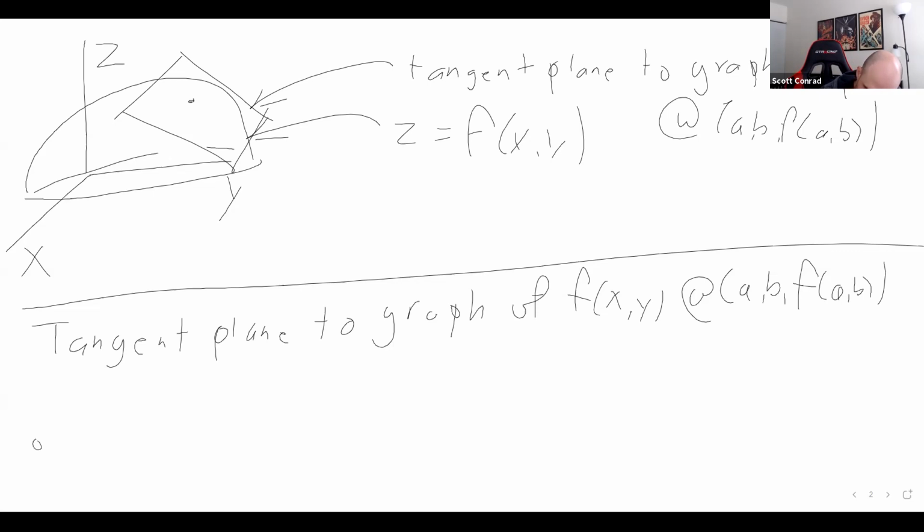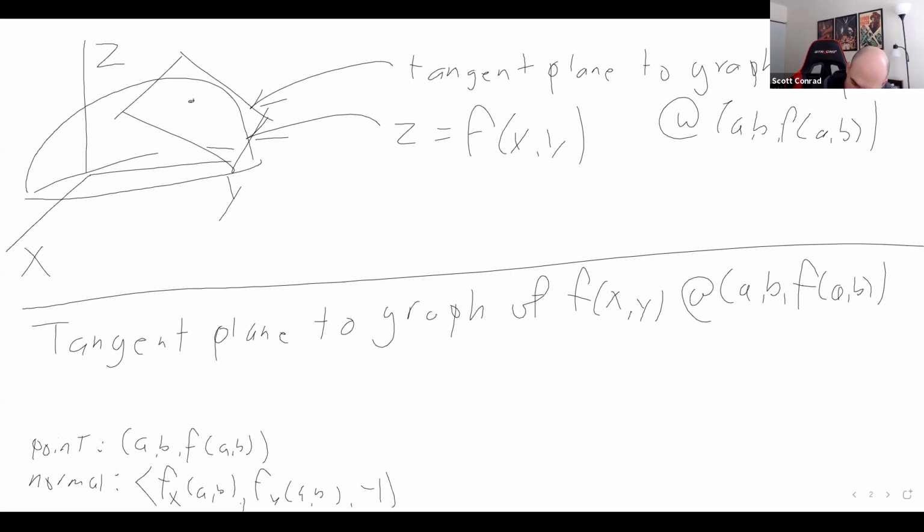We know we have the point on our plane, (a, b, f(a, b)), and we just derived the normal vector: partial with respect to x at (a, b), partial with respect to y at (a, b), -1.